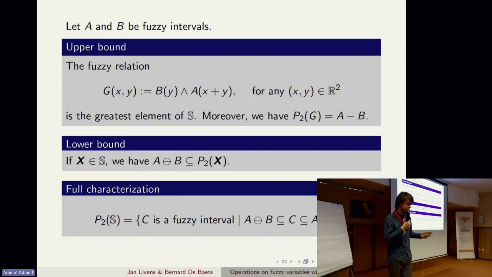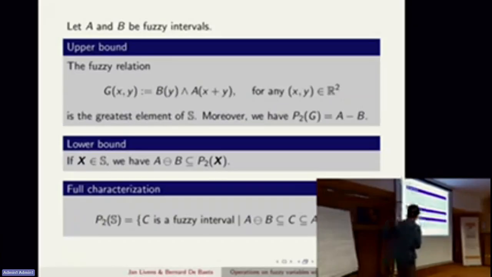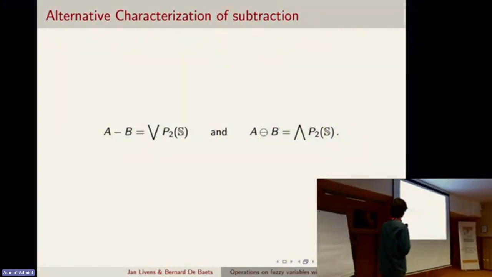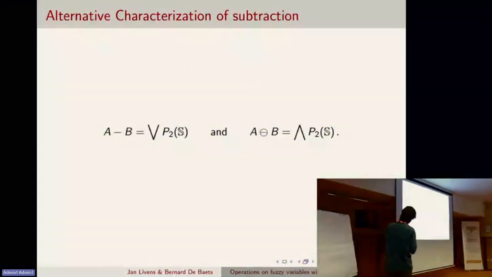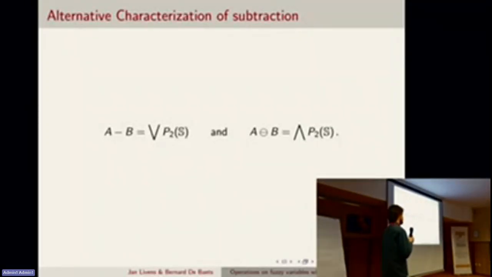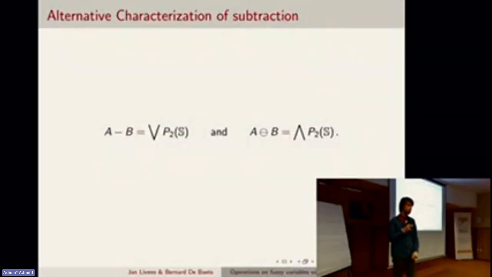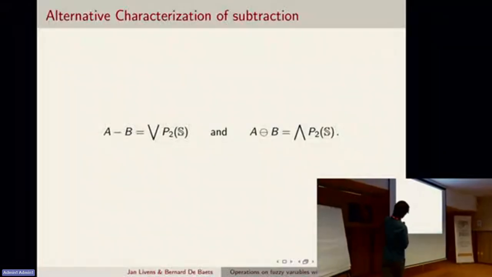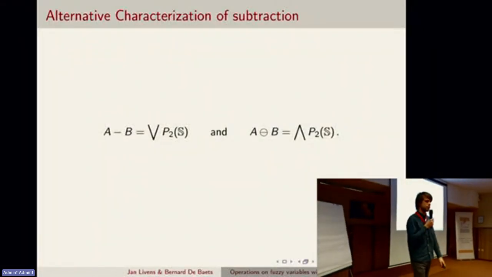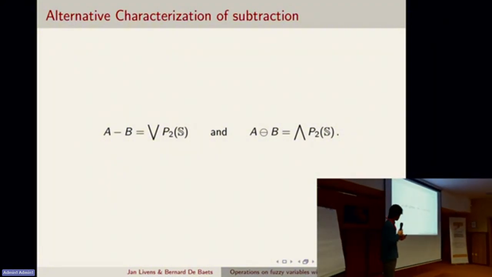So this is actually the full characterization of the solution set, which in particular lets us do one interesting thing, an alternate characterization of subtraction. Because we have this full characterization, we can view subtraction and generalized Hukuhara subtraction in a different way, namely as the supremum and the infimum of the second projections of our solution set, which I find quite interesting.